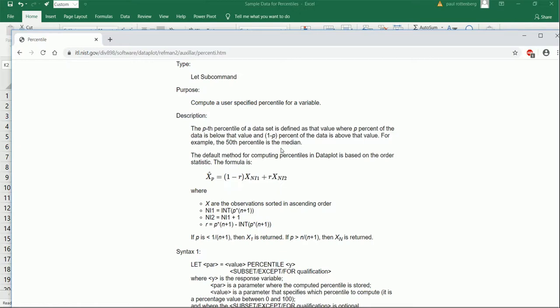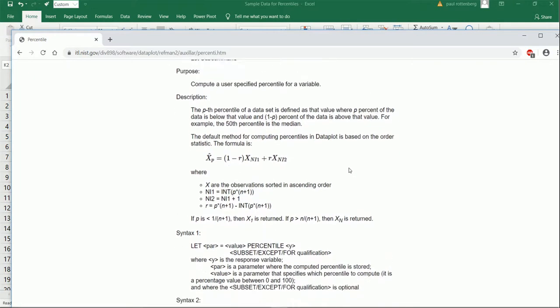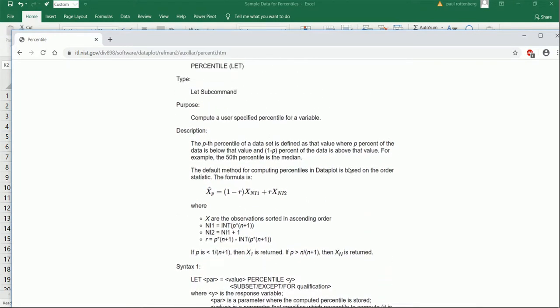For example, the 50th percentile is the median. The default method for computing percentiles in Dataplot is based on the order statistic, the formula is, and so forth and so on. So just reading that again, the 90th percentile of a data set is defined as that value where 90% of the data is below that value.